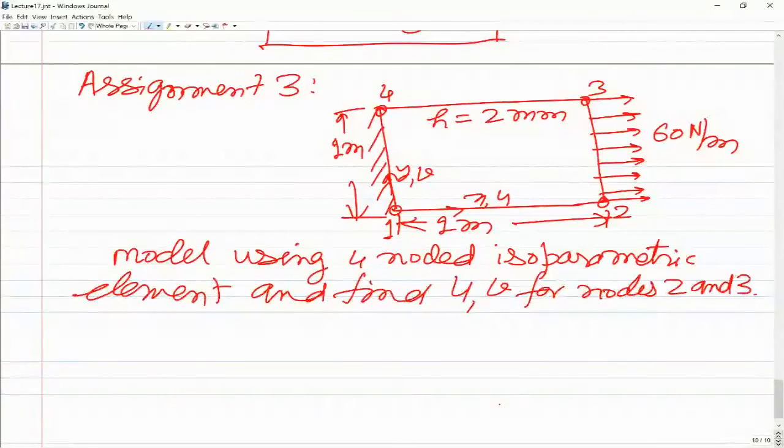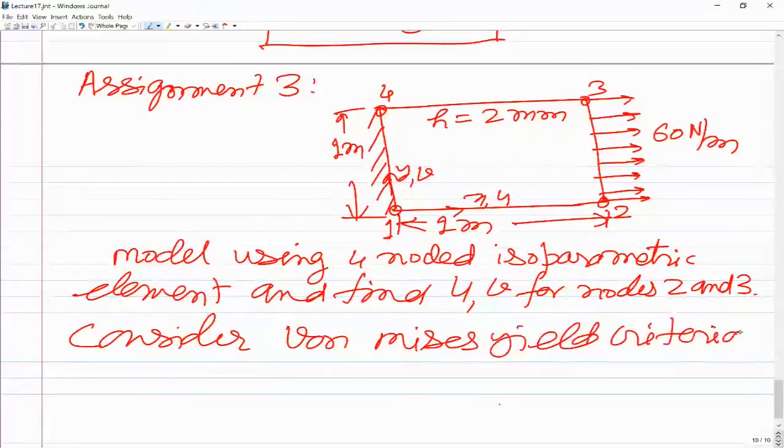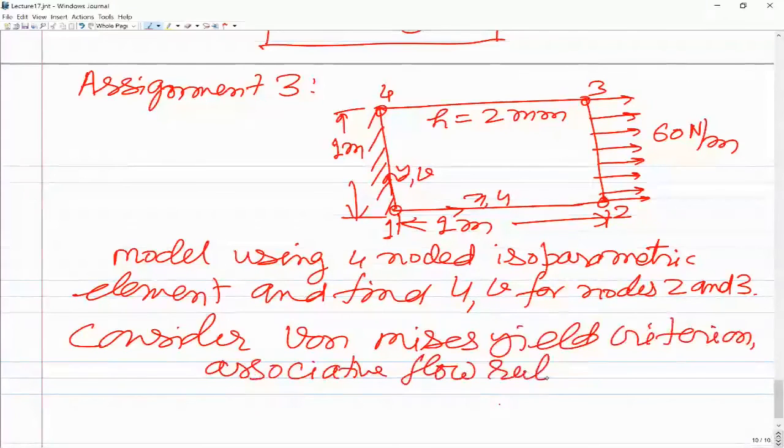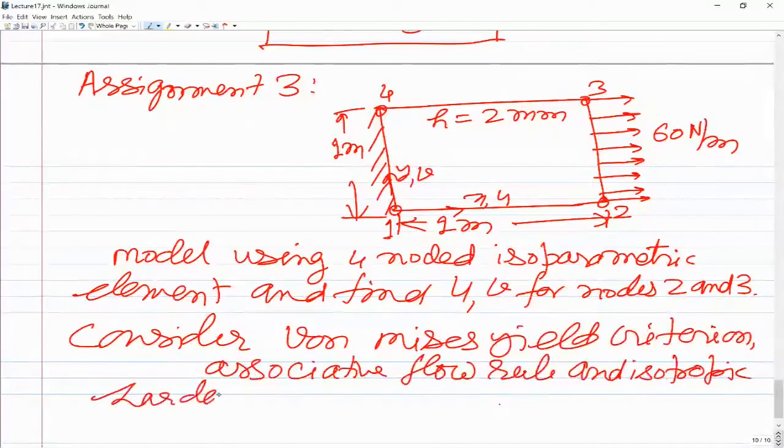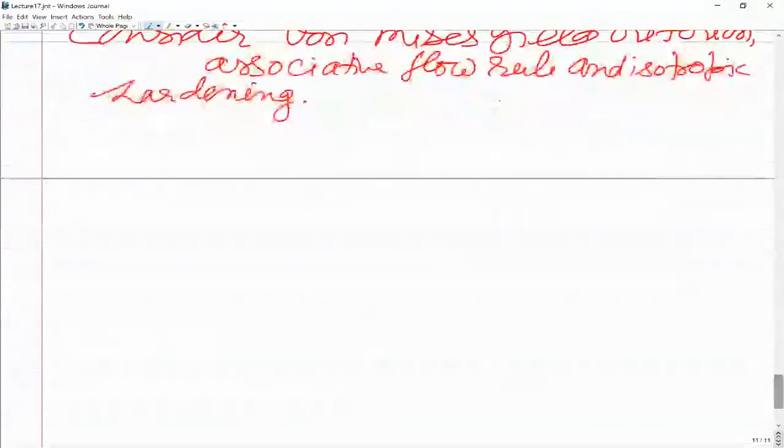Now for this you need to consider Mises yield criterion, associative flow rule, and isotropic hardening. And for this, the material data, let me give you the stress strain curve.